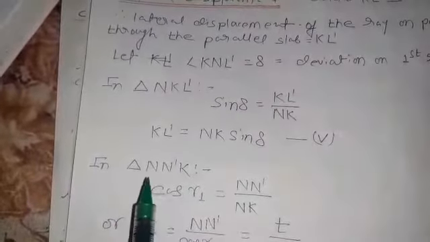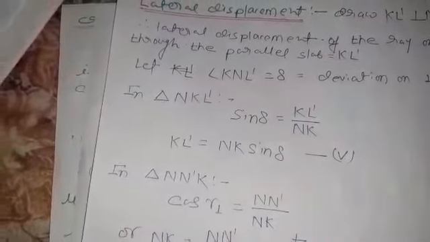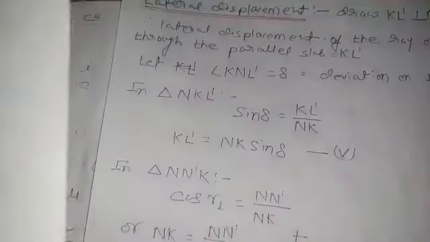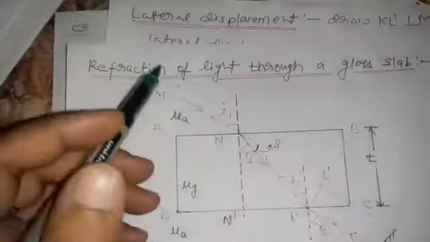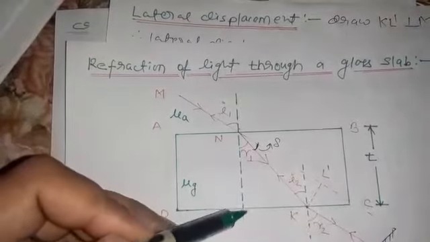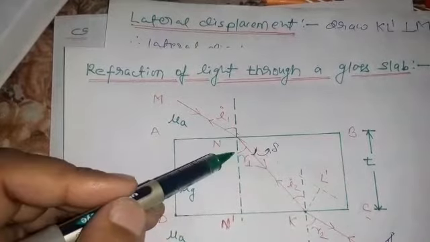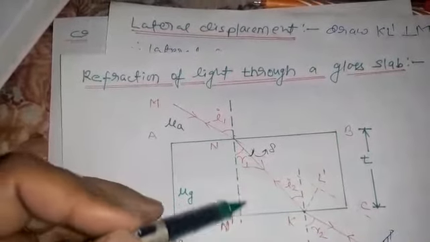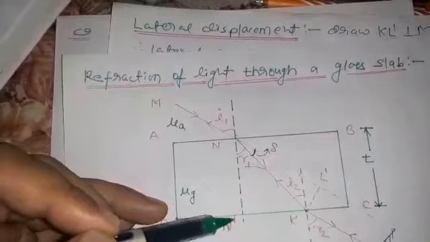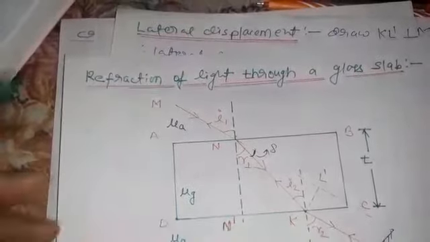Next one is triangle N dash K. So this is your N, this is N dash, and this is K. This is your acute angle R1, this is your hypotenuse, this is your base, and this is your perpendicular.